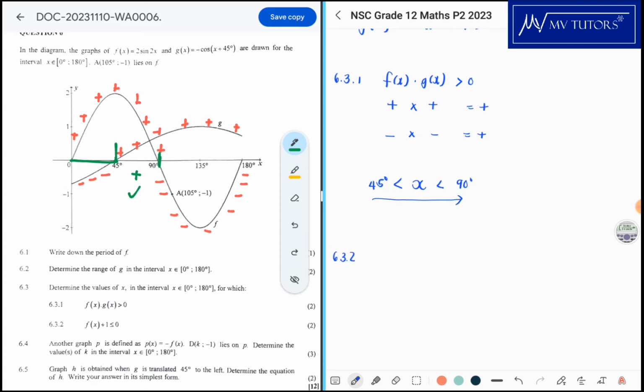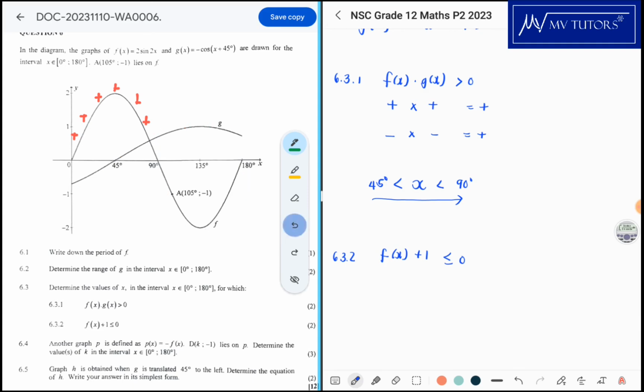So it says, determine the values of x, where now we have the function f plus 1 being smaller or equal to 0. Okay, so let me just remove all these markings over here so that we can have a look at it quite properly. So now f of x plus 1 is smaller or equal to 0.